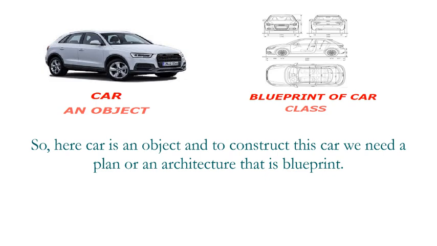If we have a blueprint, we can create an object. So we understand that if we have a class, we need an object to create it or to call that method.